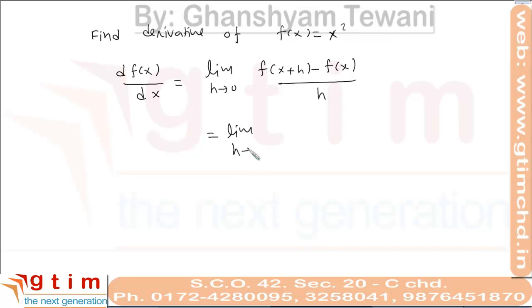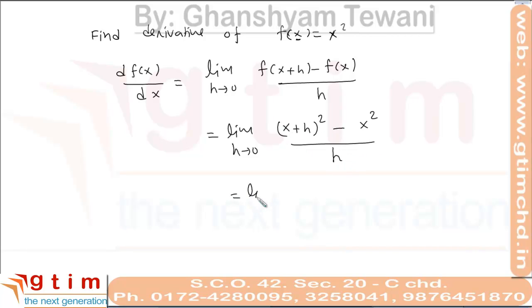Now since f(x) is x square, the value of f(x+h) will be, we replace x by x+h, then we get (x+h) square, this upon h.